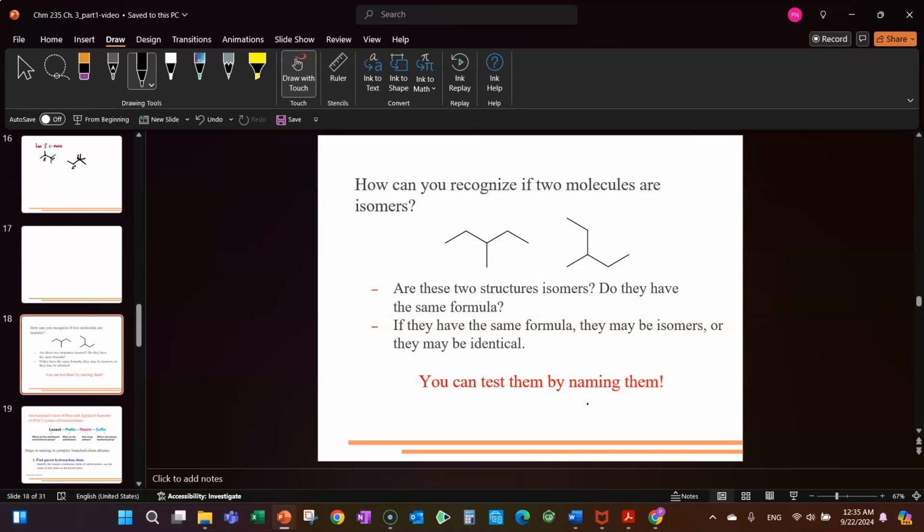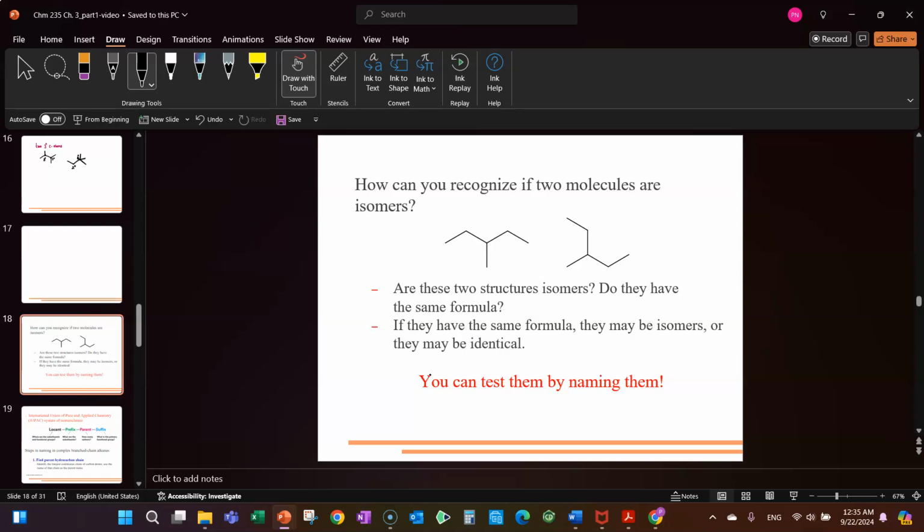Now, the problem comes when something is drawn and you are wondering whether they are the same compound or different isomers. For example, in these 2 structures, one is drawn in this way, another one in this way. Are they the same or different? How do you know?